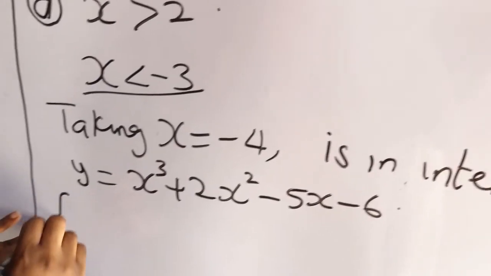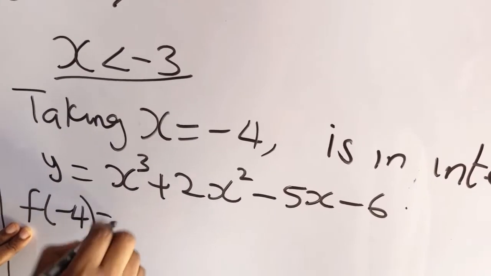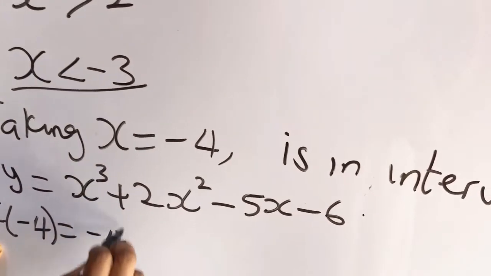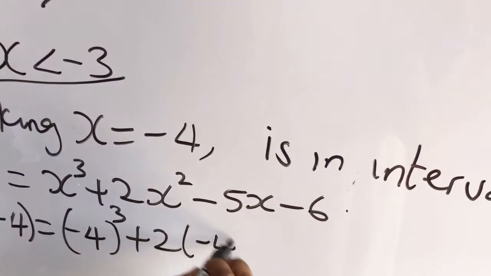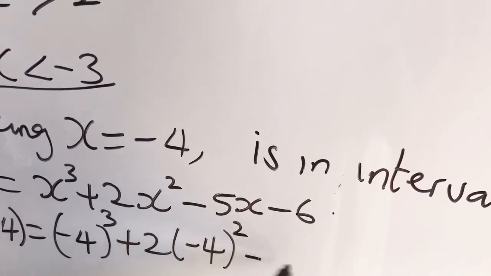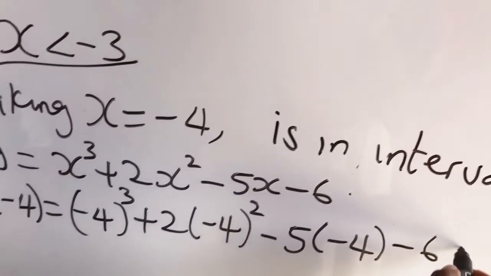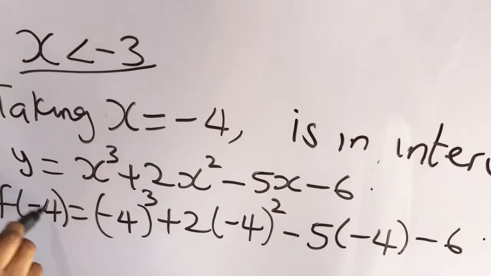So whenever we see x, we have to put minus 4. So minus 4 cubed plus 2 multiplied by minus 4 squared minus 5 multiplied by minus 4 minus 6. We want to check the behavior of getting anything less than minus 3.